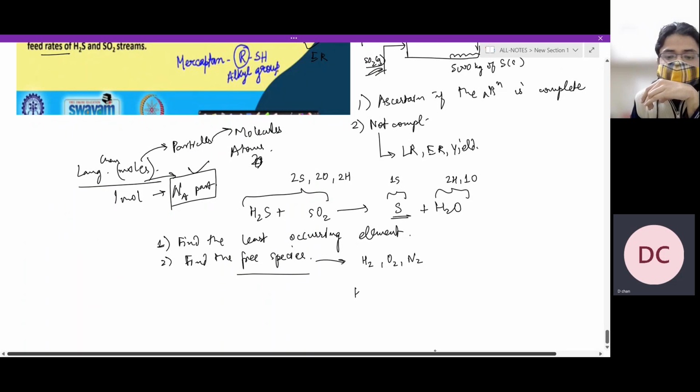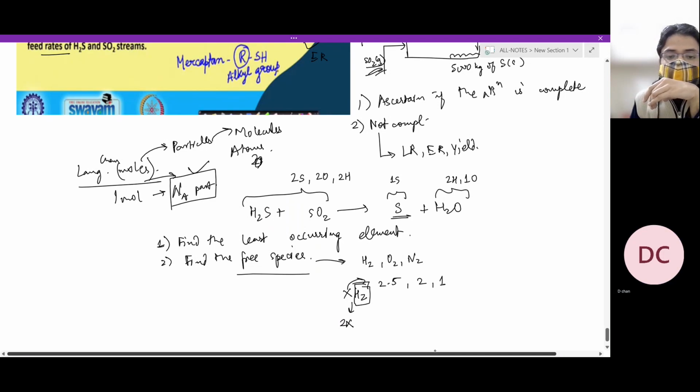Because you can add any type of coefficient here to balance the number of atoms of hydrogen, so this will become 2x. x could be 2.5, it could be 2, it could be 1. This is actually a free control: whatever number of atoms you are falling short of or getting in excess, you can just balance it right away with x.